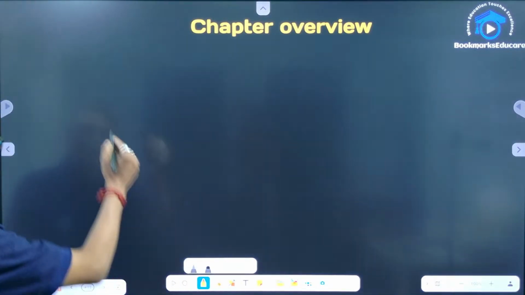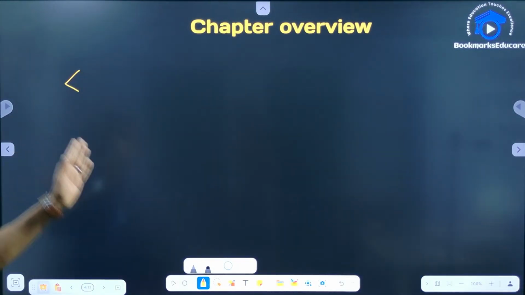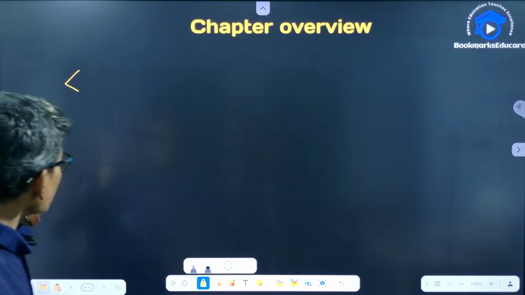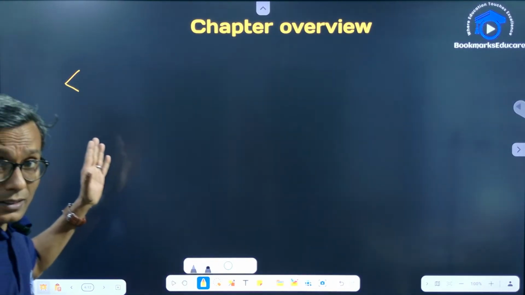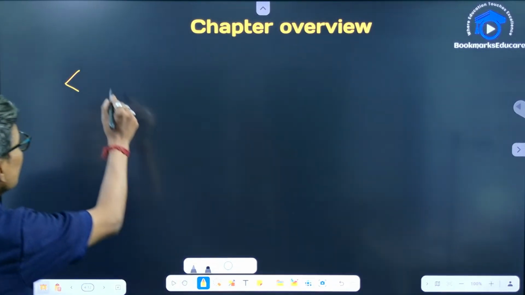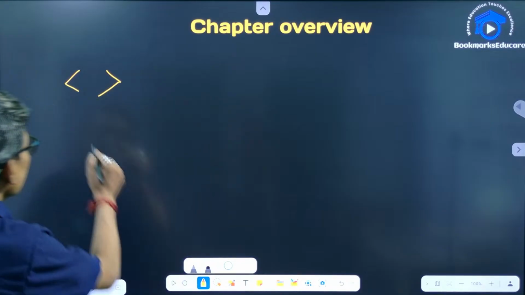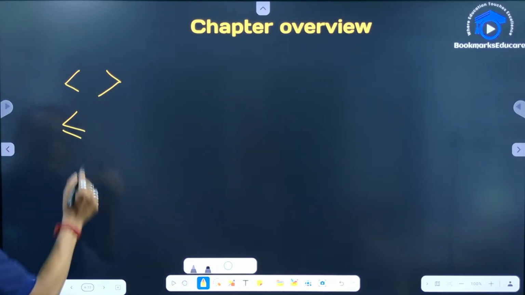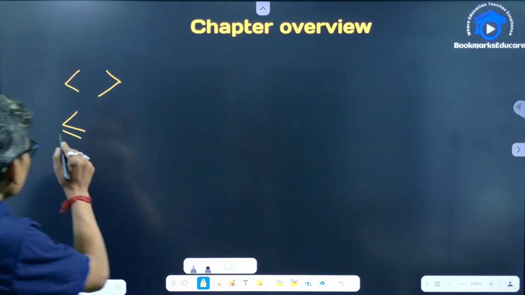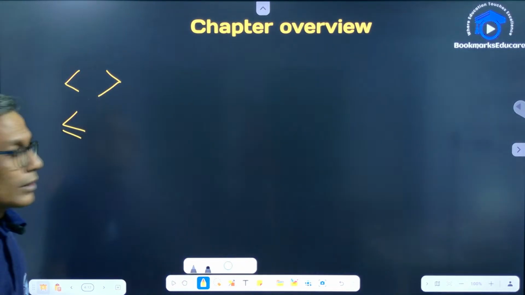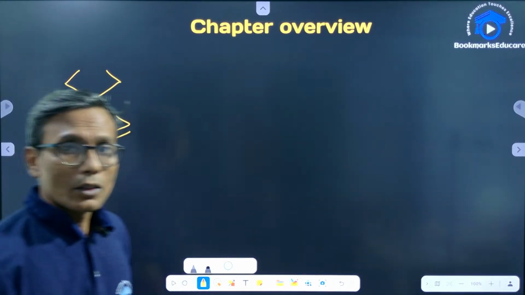So this sign is known as less than, this sign is known as greater than, this sign is known as less than or equal, this sign is known as greater than or equal.